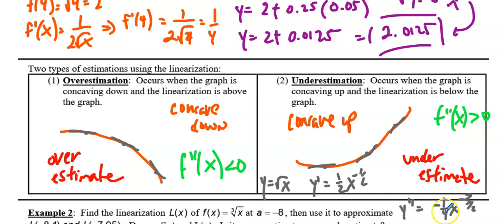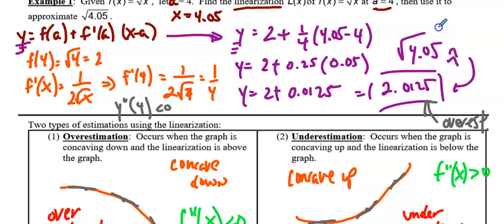So we're going to get a negative value, which means since it's negative, then we have a concave down, right? So our value here, so y double prime of 4 is less than 0, so we're concave down, which means that this is an overestimate. And I just showed you guys on the calculator that the actual value was 2.01246, and we approximated it at 2.0125.